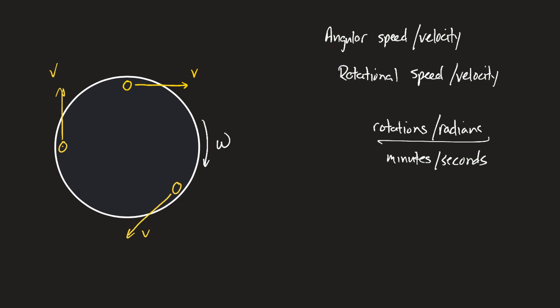Now, I think all of you probably can imagine that their linear velocity has something to do with not just how fast the ride is spinning, but where they're located on the ride. If this is the center, doesn't this person make a smaller circle in the same amount of time that this person makes a bigger circle? So their linear speed probably has something to do with the radius. In fact, if they were at the center, would they have a linear speed?